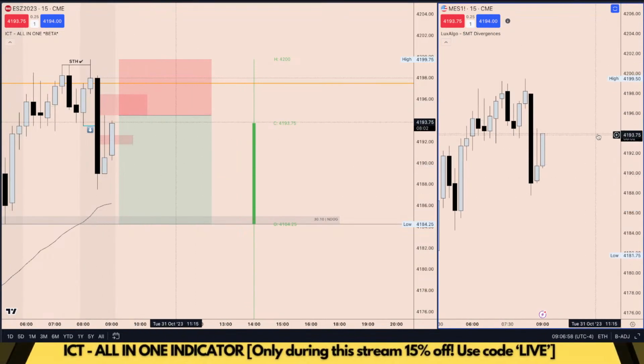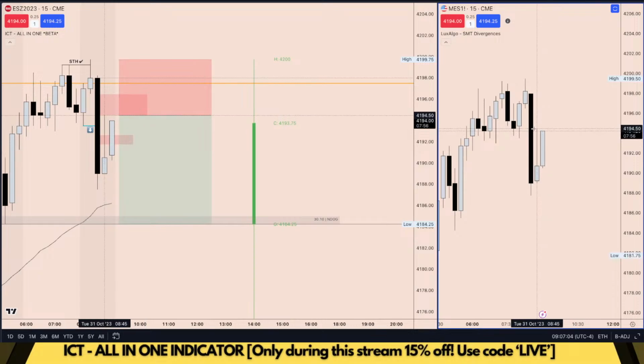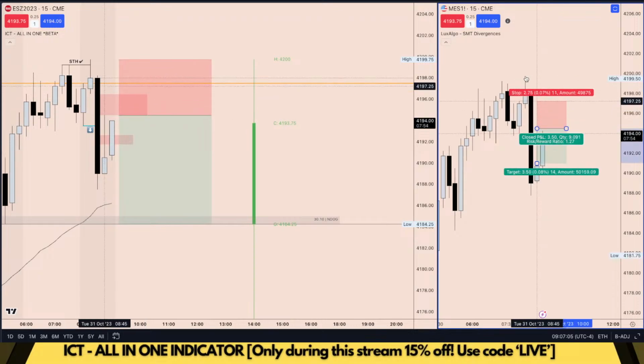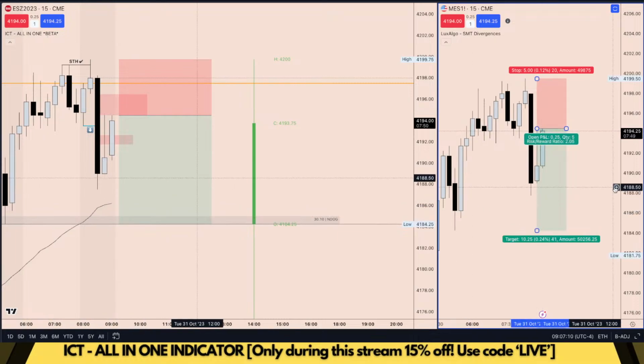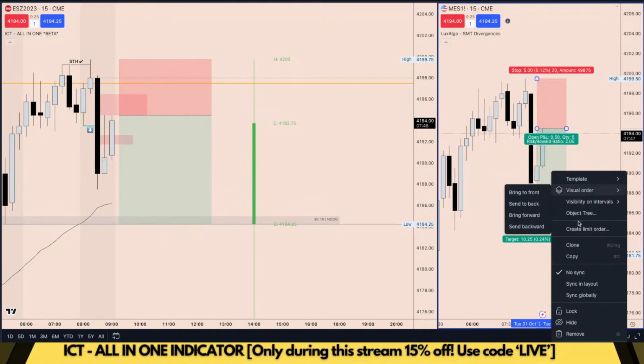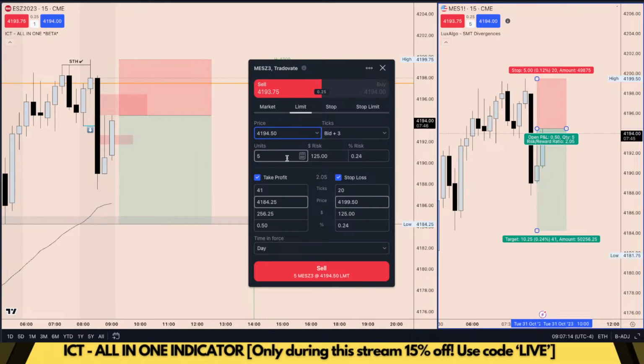I'm going to enter, but because I already made decent profits today, I'm only going to be using micros. My stop loss is going to be right here at the high. My take profit target is going to be right here at the low. Create limit order.